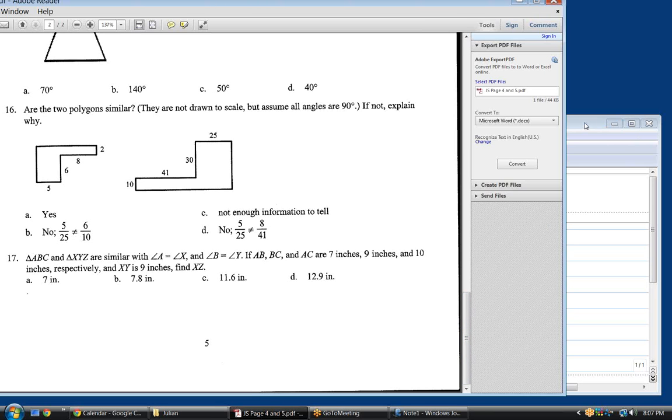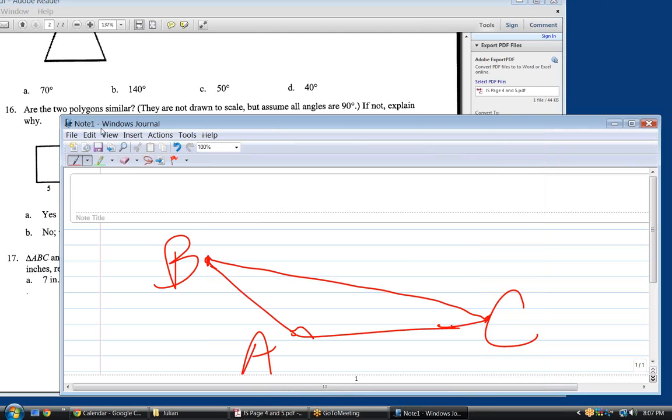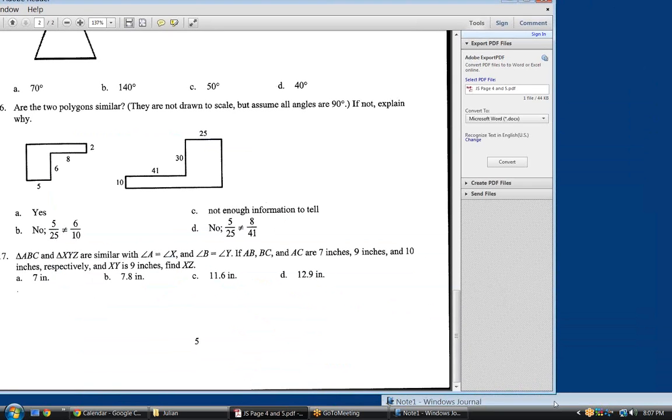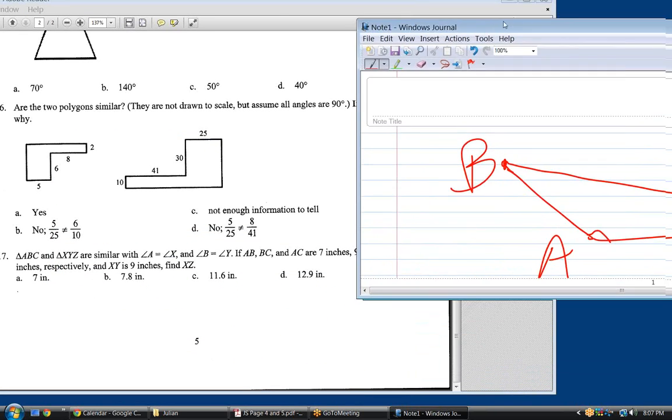All right, let's look at 17. Let's draw a picture of 17. It's hard to do.